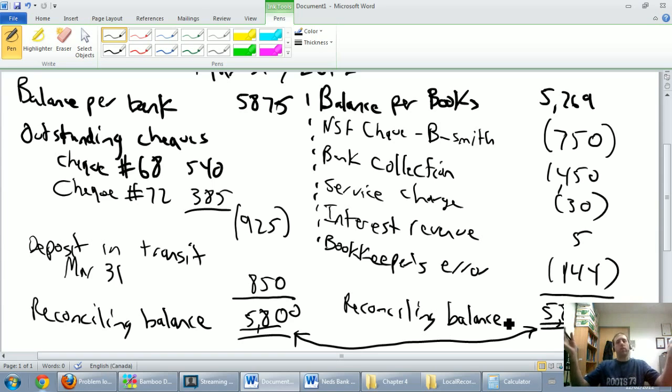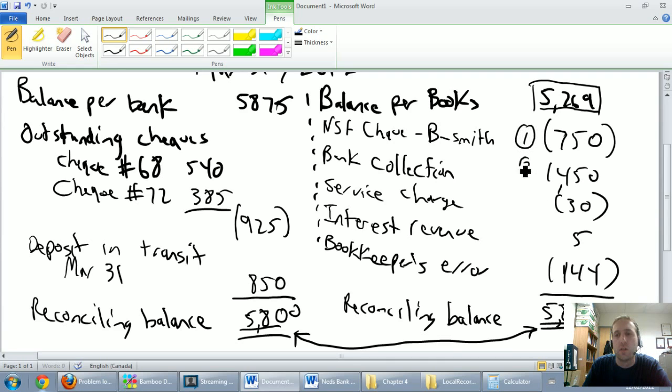Now you might think, all right, if this is a balance sheet, I would do this and I would call it a day. Unfortunately, it's not a balance sheet. We have more work to do. My balance right now, according to my Cash T account, is $52.69. That's the balance on my Cash T account. But I've just said, here's all the things I missed. Here's all the things I'm wrong about.